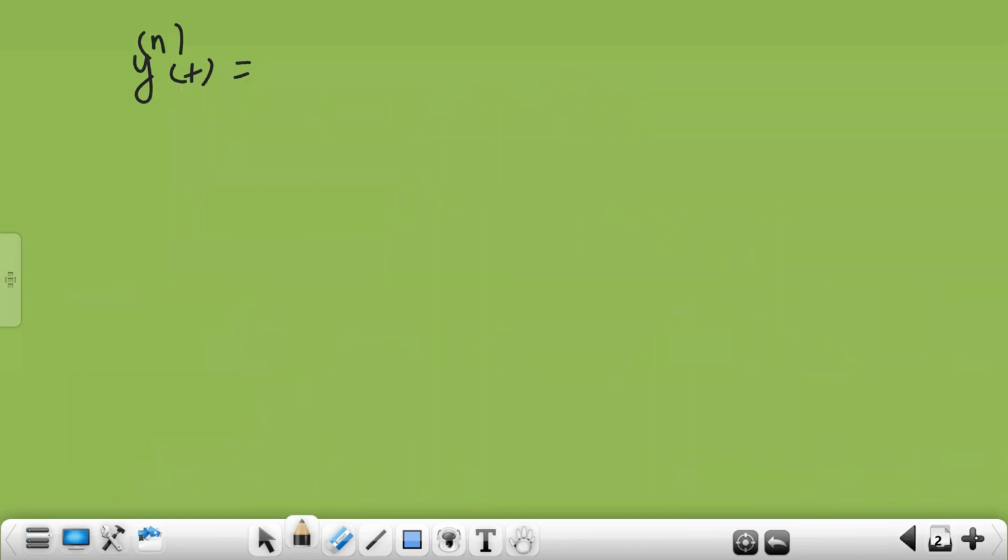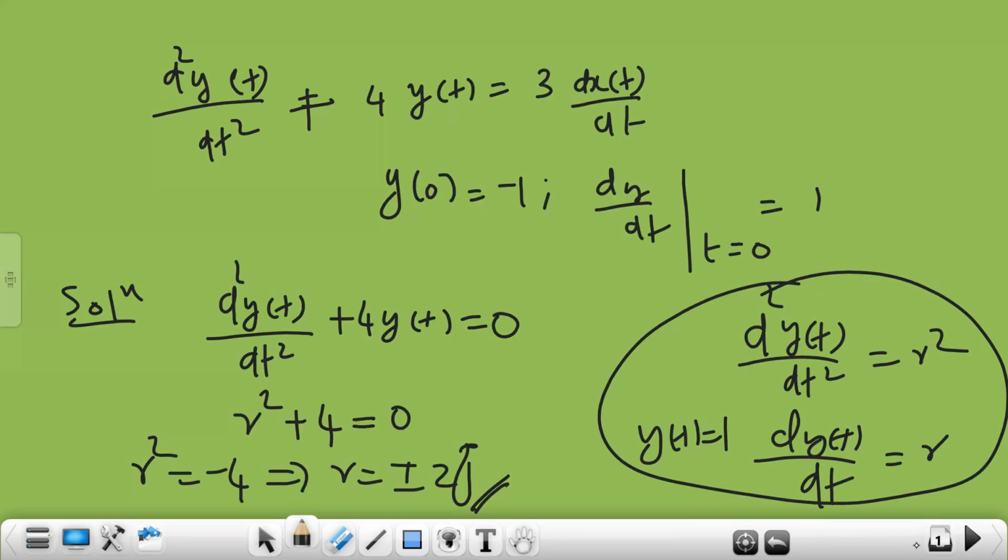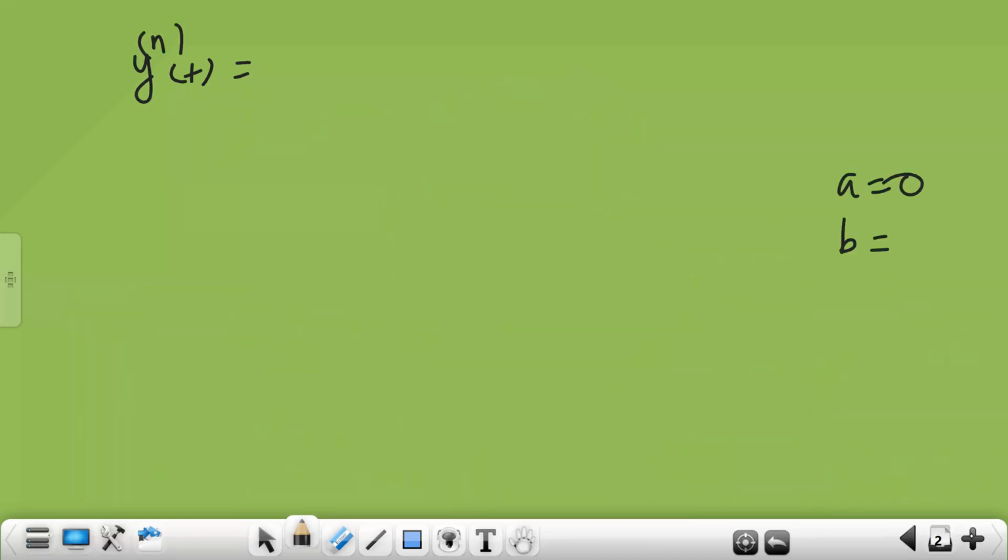So what is the real term over here? Plus or minus 2j means the real component is 0, correct? Real is 0 and the imaginary term is 2. So how are you going to write this equation?